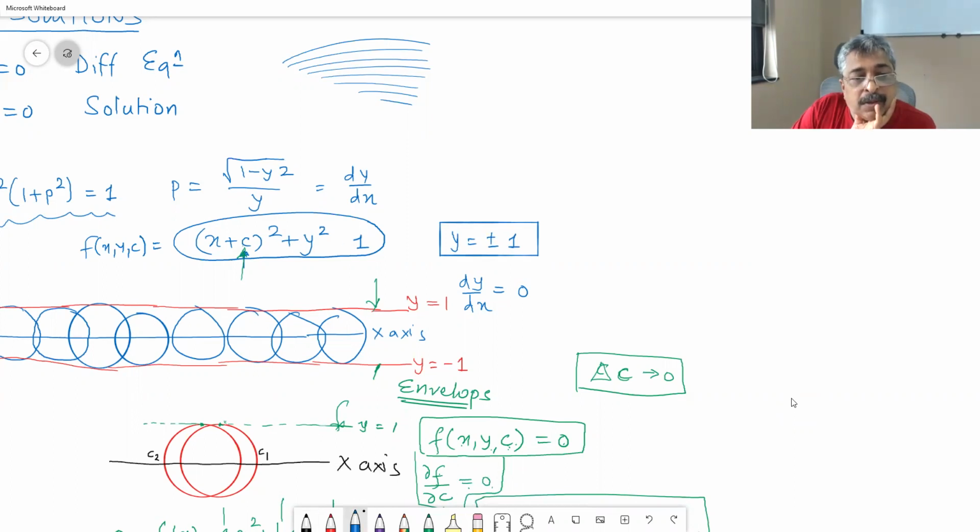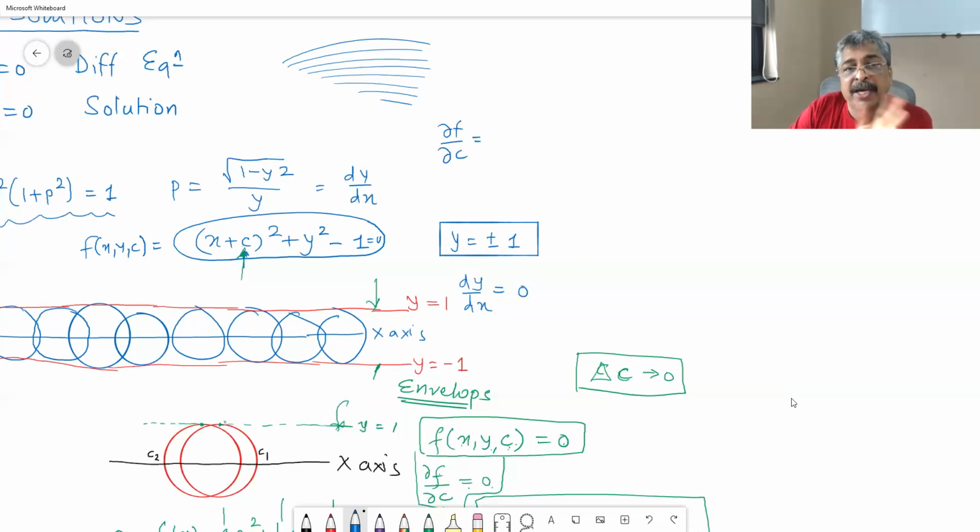Minus 1 is equal to 0. This is our original solution of differential equation. If we differentiate it with respect to c, can we do that? What is f dash or del f by del c?